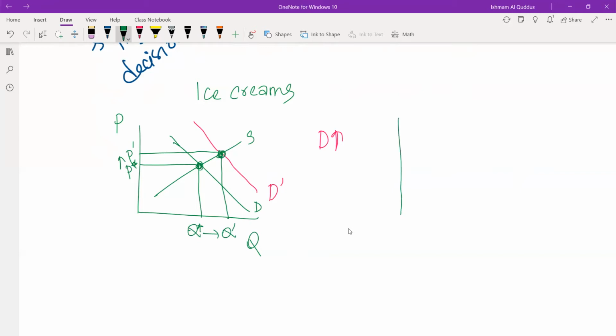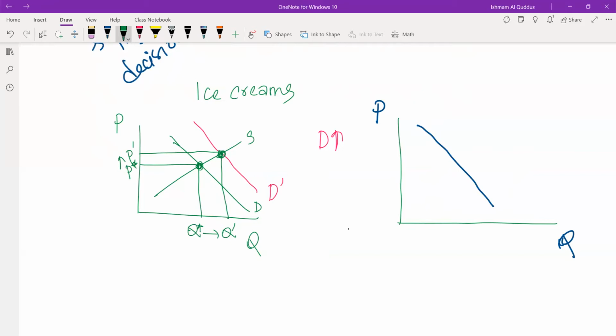However, what would happen when you are the only supplier in the town? So this is the demand, which is elastic. My question to you, what would happen when you are the only supplier?